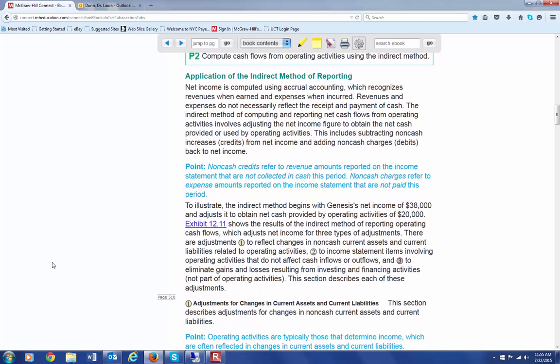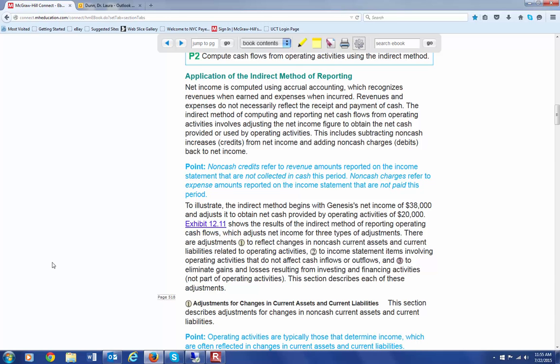Now, let's look at the application of the indirect method. The net income is going to be computed using accrual accounting, which basically means you're going to put revenues in the period in which they were earned and expenses in the period in which they were incurred, what we've already been talking about through the first 11 chapters in this textbook.